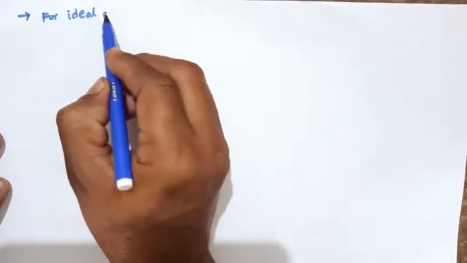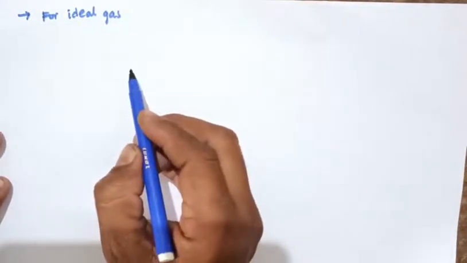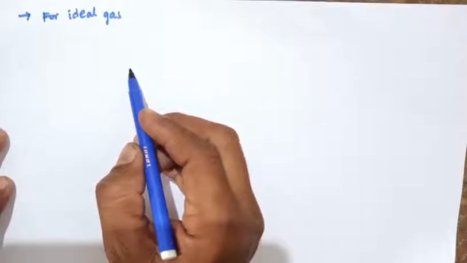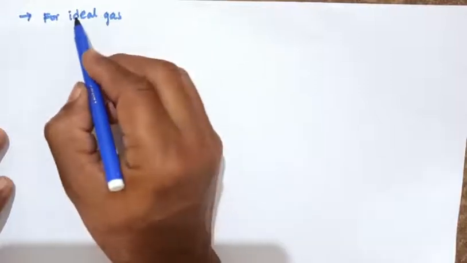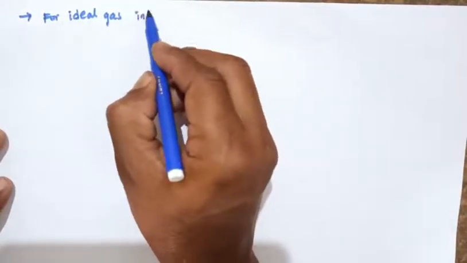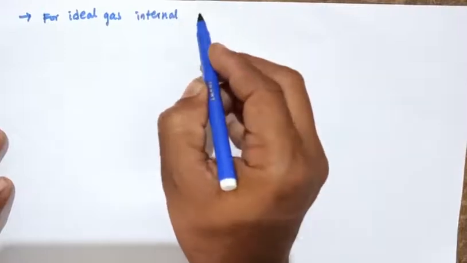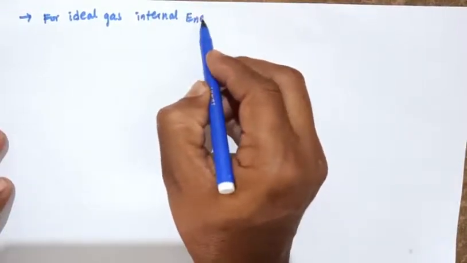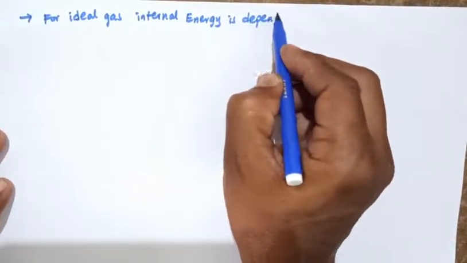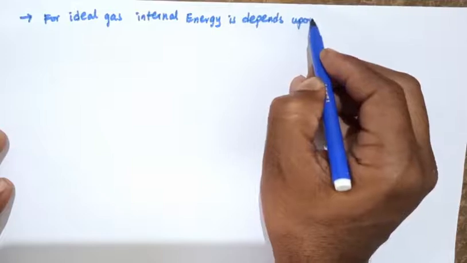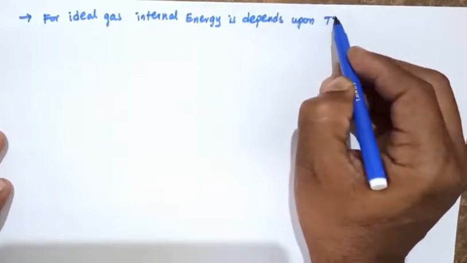In an isothermal process, for an ideal gas, the internal energy depends only on the temperature.